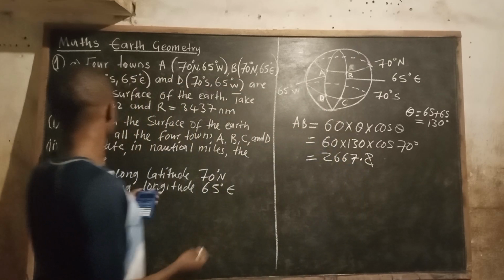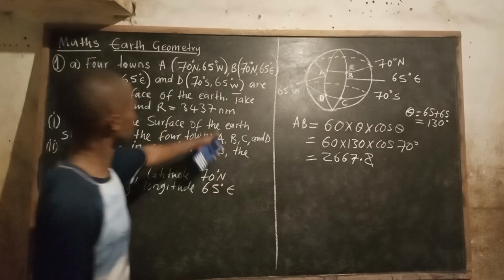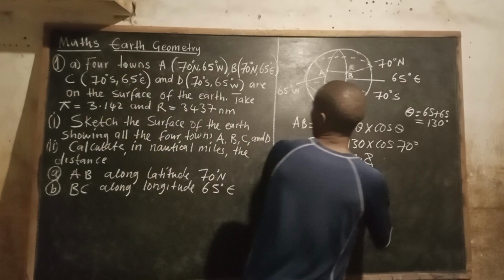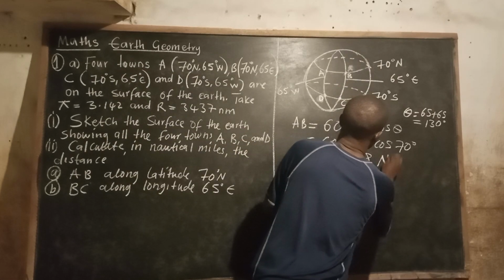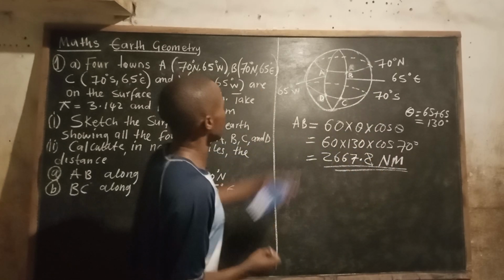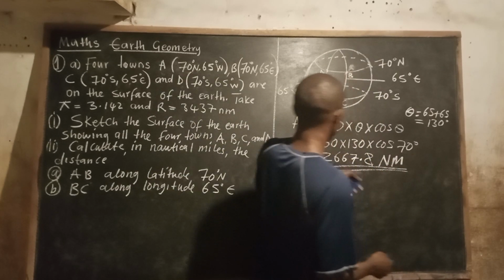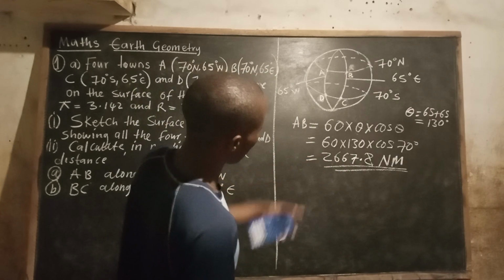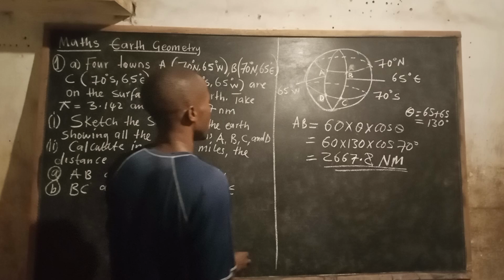We are saying along nautical miles. You can tell just by the radius. So we are going to say nautical miles. So that is the distance between A and B: 2667.8 nautical miles.